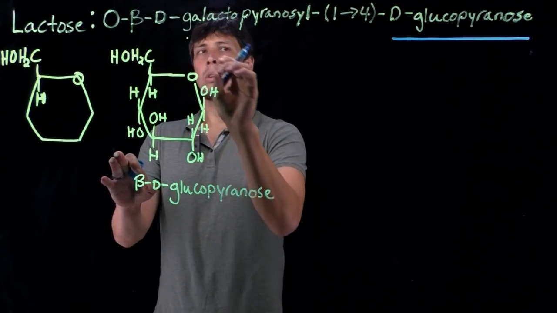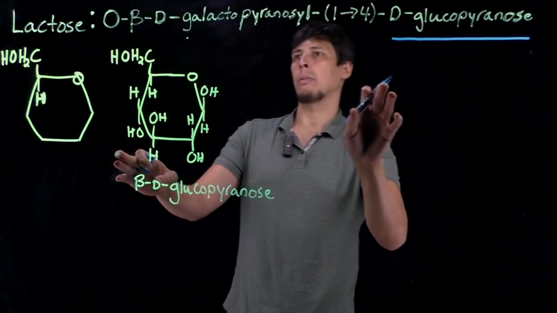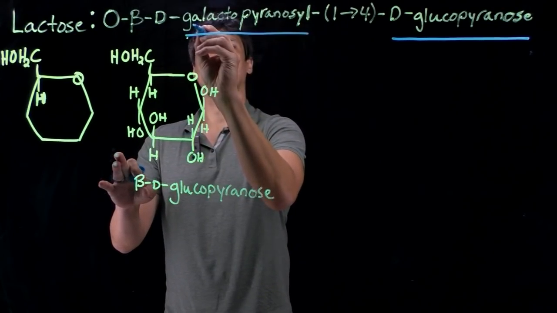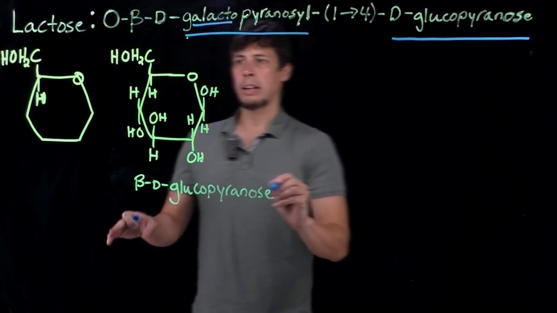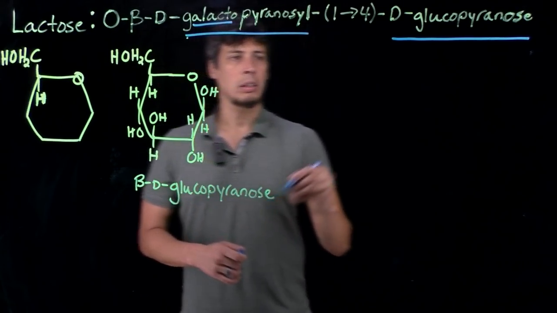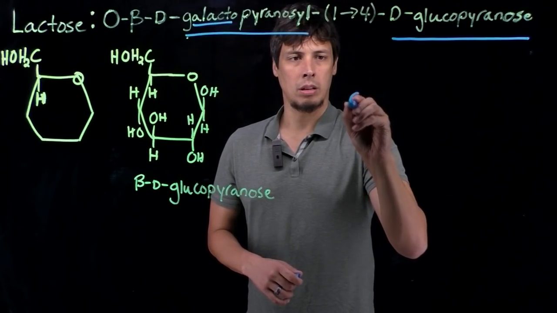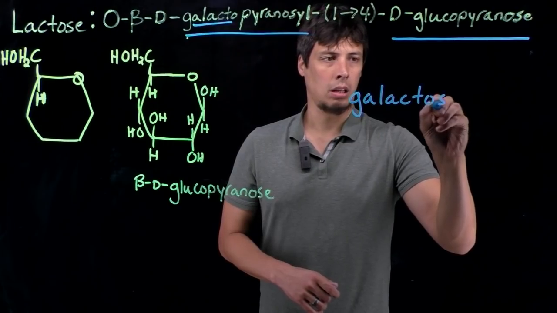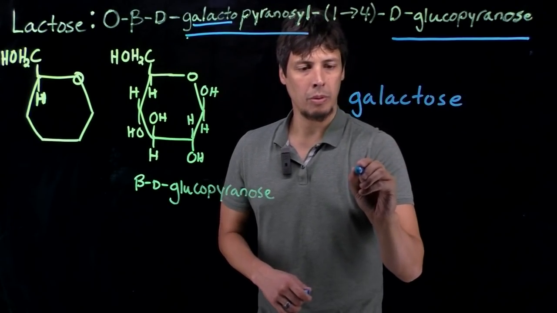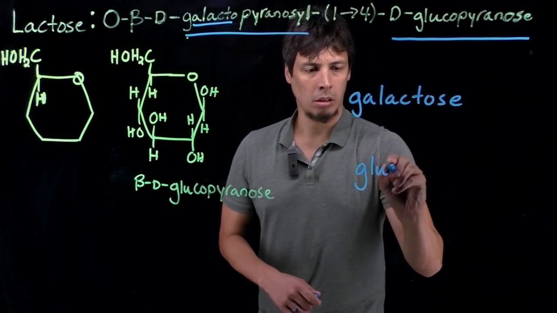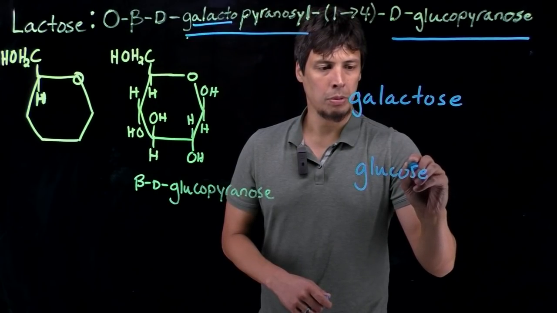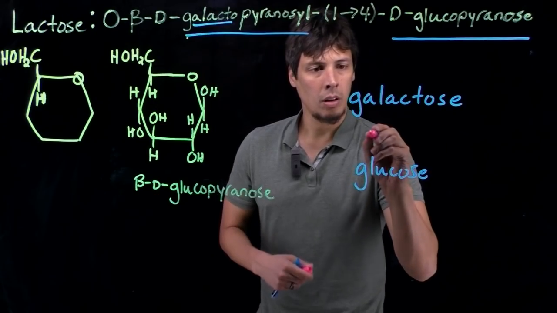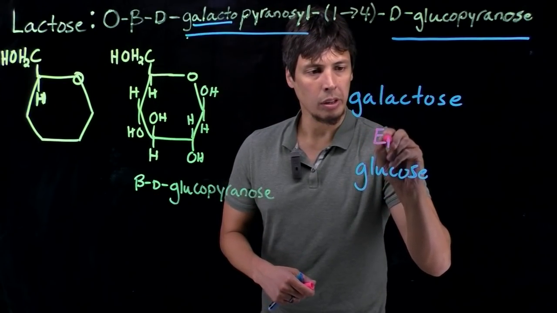Okay, so now let's work backwards. Based on the root galacto, this is galactose. And galactose is an epimer of glucose where the 4 position is switched.